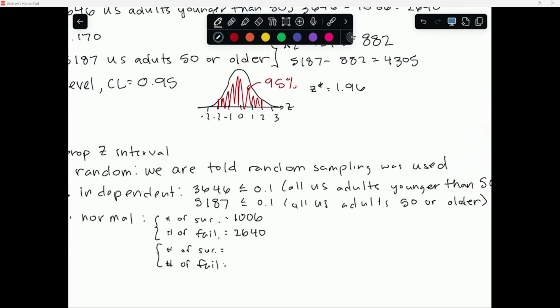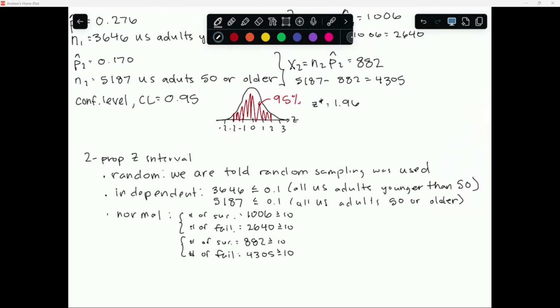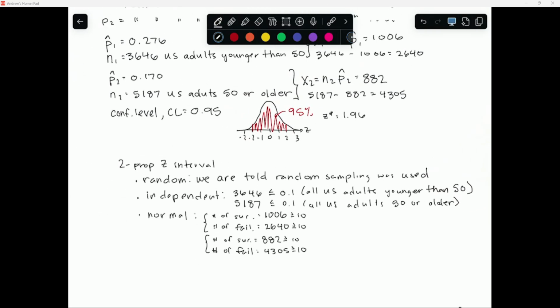For group 2, I had 882 successes, 4,305 failures. So all of those are greater than or equal to 10 by a lot. So we very much clear that bar. We have no concerns on the normal front. So we know that our sampling distribution of a difference in sampling proportions will be normal, which is why I'm allowed to use this as my critical value.